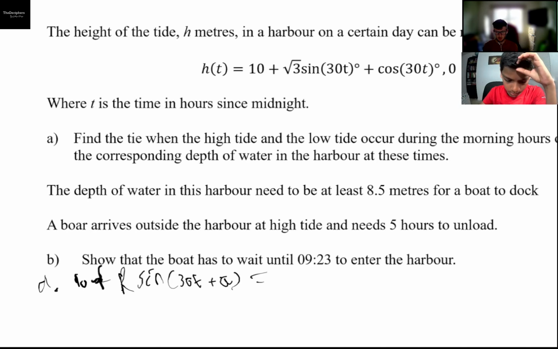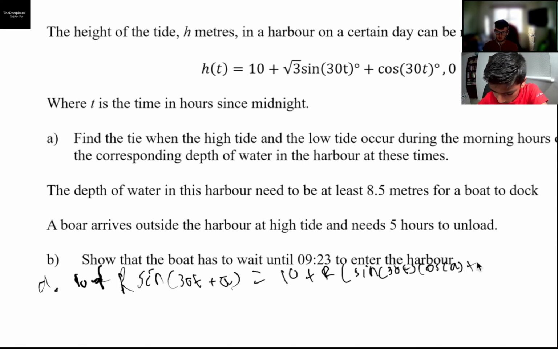And so that is the same as 10 plus r times sine of 30t cos of alpha plus cos of 30t sine of alpha.